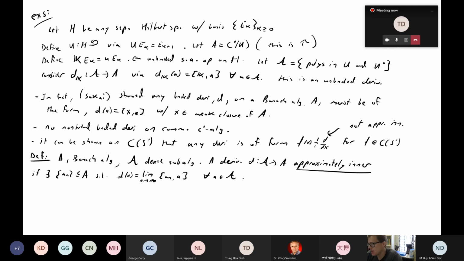There's another notion that a derivation is inner if it's just a straight commutator, but this is not an element of the algebra A. So this is neither inner nor approximately inner. There are these derivations out there that are not approximately inner, or inner in themselves. So fine.